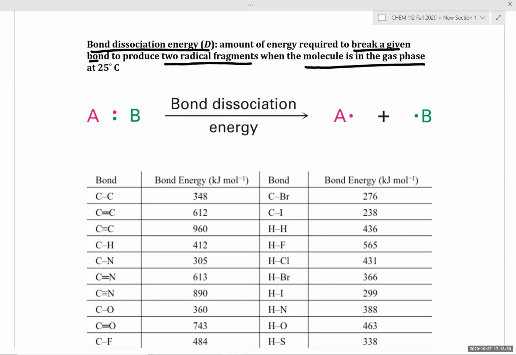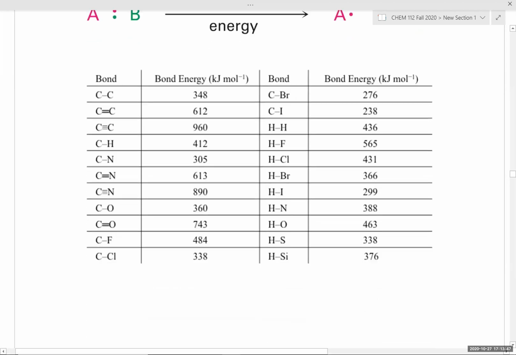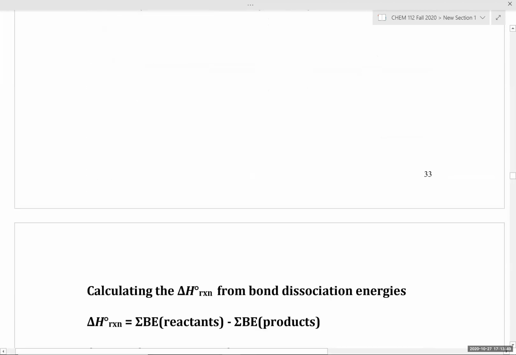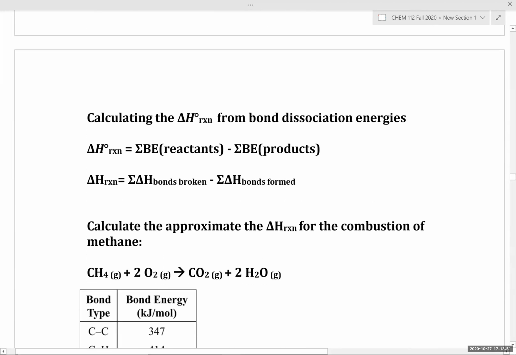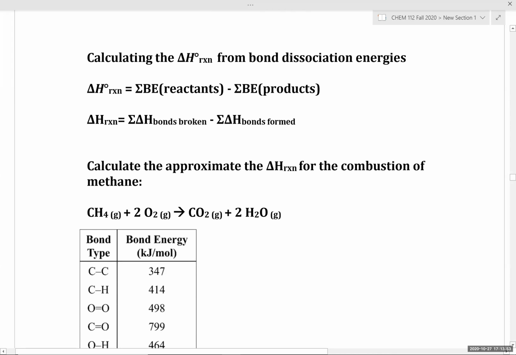Okay, so how can we leverage bond dissociation energies to calculate some meaningful values and get a sense of the reaction enthalpy for different chemical reactions? Well, we know from Hess's law that we can break our chemical reaction process.